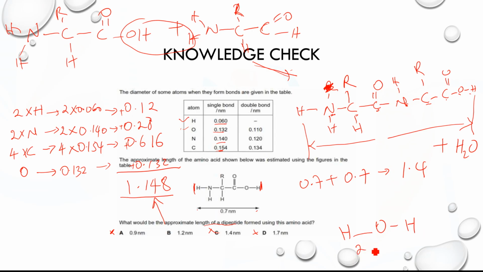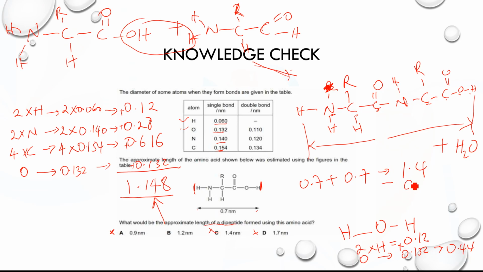So remove 2 times hydrogen, which is 0.12, plus oxygen, which is 0.32. Adding them up gives us 0.44.